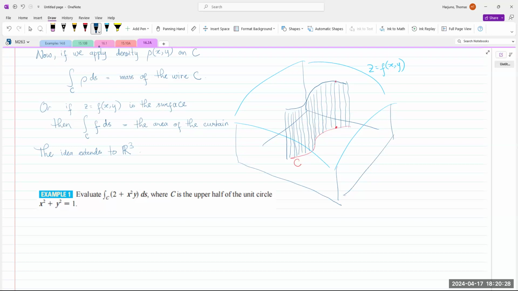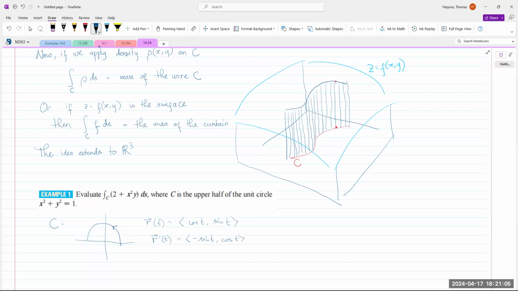Okay, let's take a look at this question. C is the upper half of the unit circle with radius 1, so it's this one here. Let's parameterize that. r(t) equals the regular one, (cos t, sin t). So r'(t), long time no see, is (-sin t, cos t).